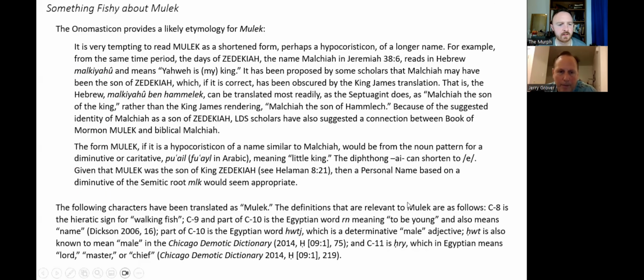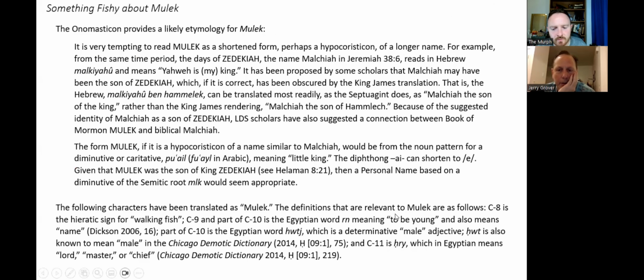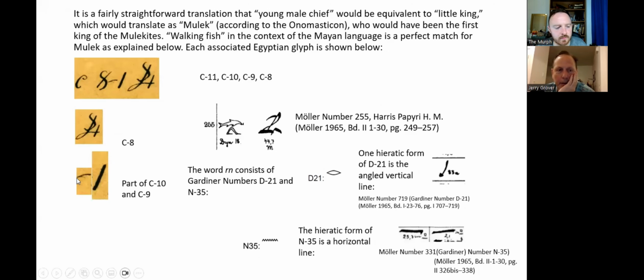If I'm following correctly, you're showing some Egyptian hieratic characters that provide the meaning for the name Mulek. Yep, right. So this is the word RN, run, which means to be young. And then I'm showing you the glyphs in the characters document, these two.